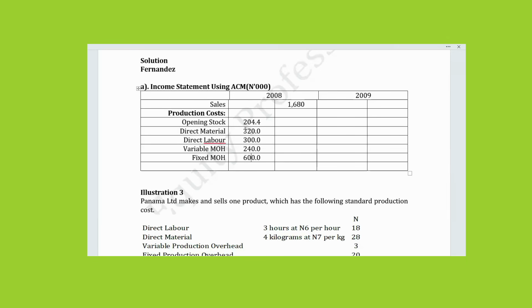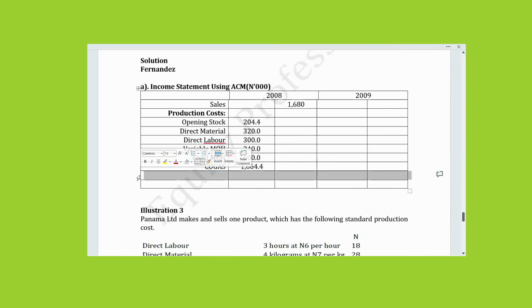What do you have? 1664.4. That's it. What do we call this number? This is cost of goods available for sale, COGS. This represents cost of goods available for sale.